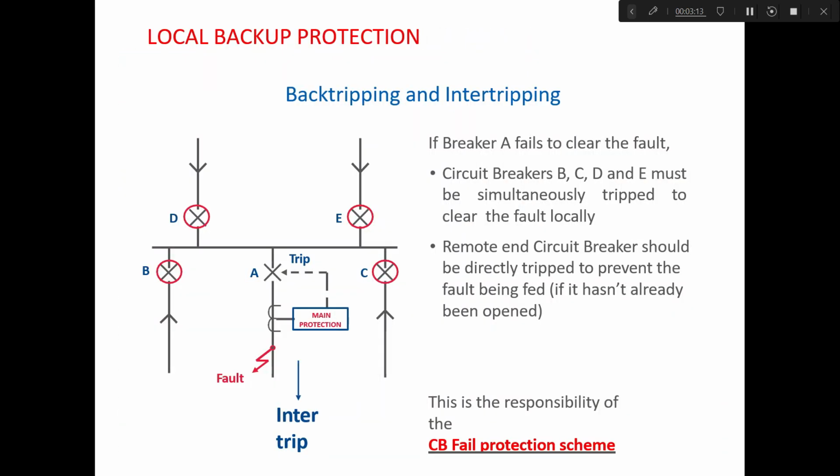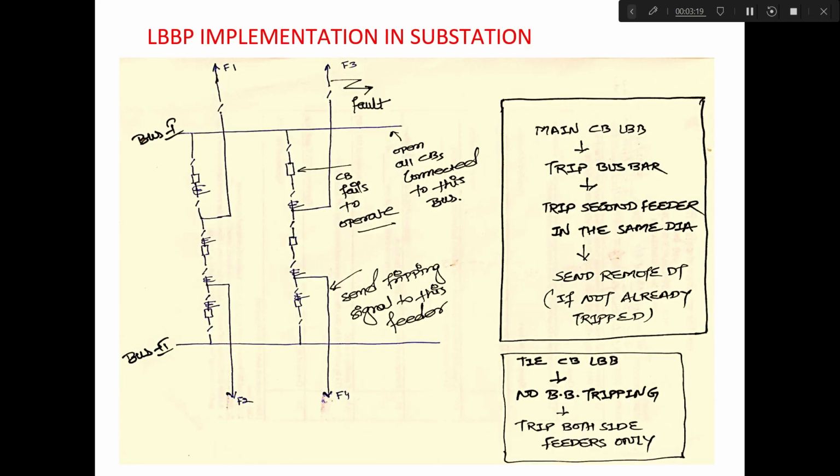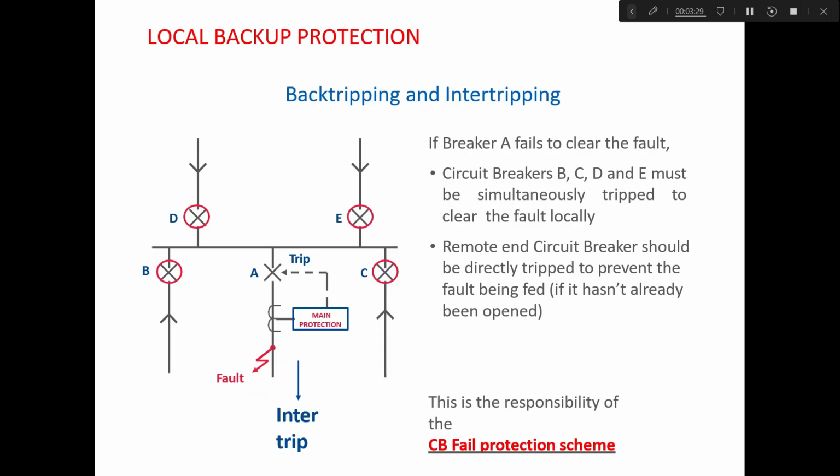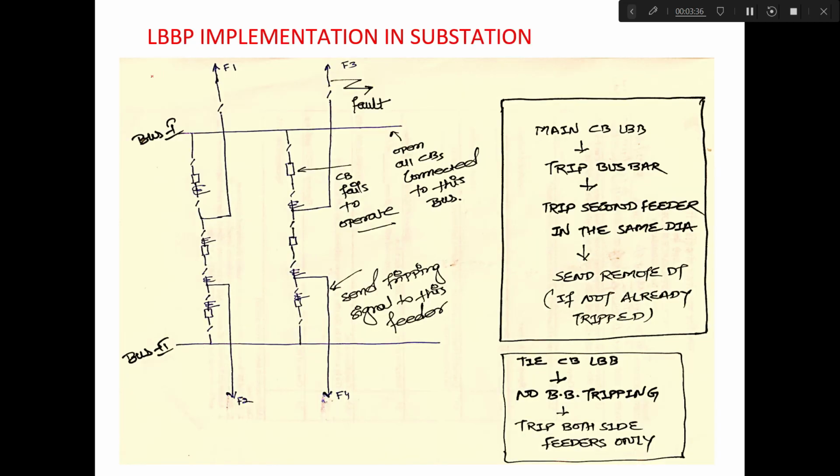In some of the previous sessions regarding the LBB protections, which we completed through 2 different sessions and whose videos are already available on this channel, we discussed the concepts of LBB protection: the meaning of back tripping, the meaning of inter tripping, how to implement the LBB protection in a 1.5 breaker scheme, and how to implement it in double main or double main in transfer schemes.